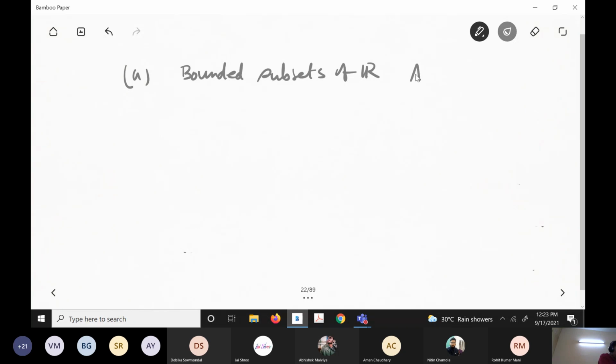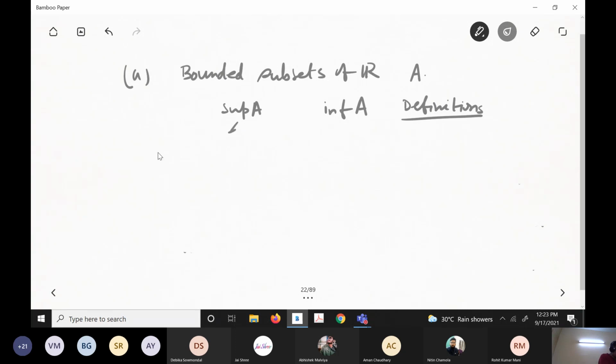Suppose A is bounded. Then you should look at the definition of sup A and inf A. Make sure you understand the definitions. And here, working with sup A and inf A, basically you need one consequence. What is that?